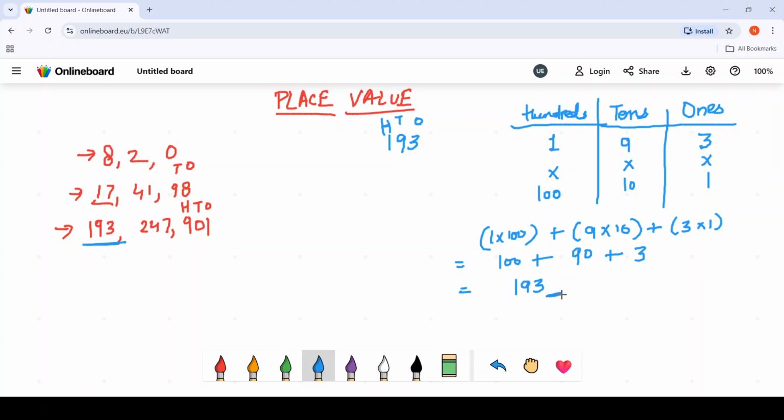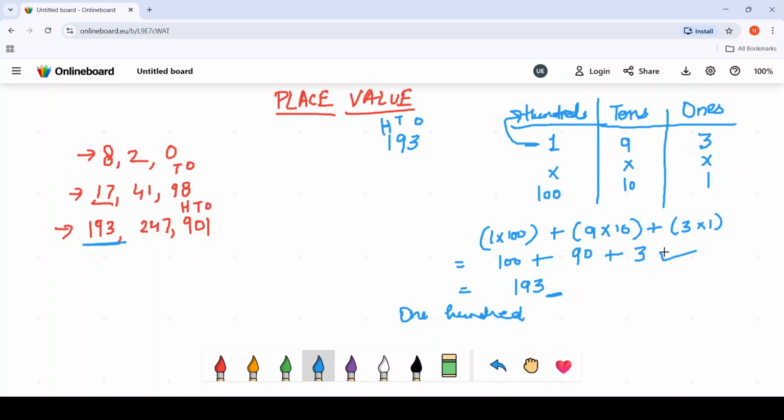This is numerical form, right? It will be written as 100, because this 1 is at which place? Hundreds place, right? So 100, and we don't use any sign here because we are not writing it numerically, right?